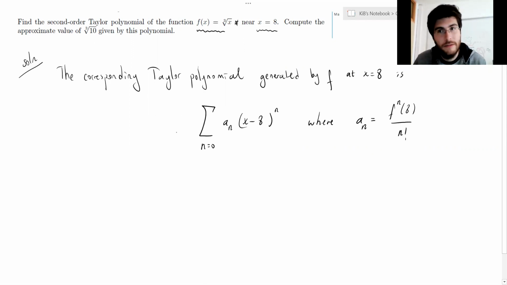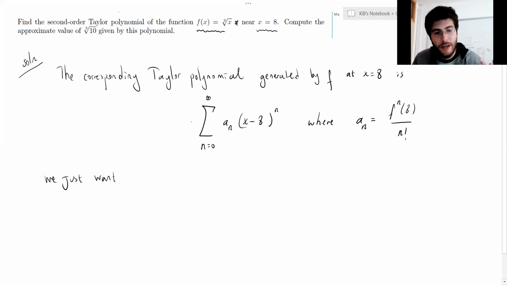So this is something else. Now we just build a new series by using certain information coming from f itself. But what we want is just a second order Taylor polynomial. So we don't need this polynomial involving infinitely many terms.